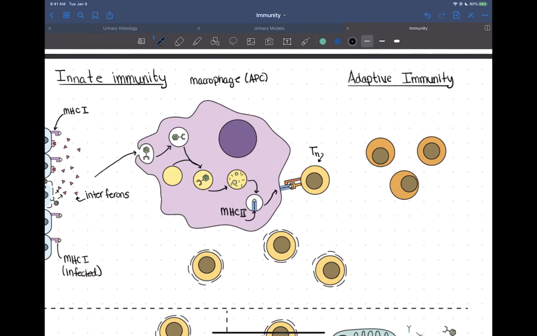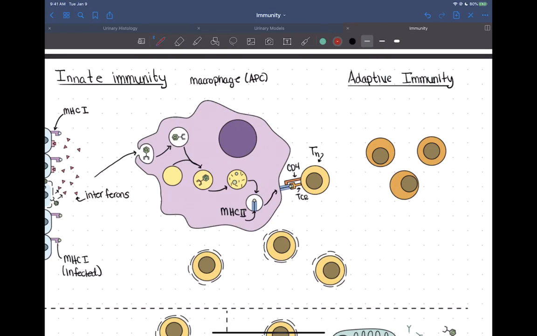Those T helper cells have CD4 proteins, so they're also called CD4 cells, that help them dock onto the MHC2. They also have the T cell receptor that actually interacts with the antigen on that MHC2.